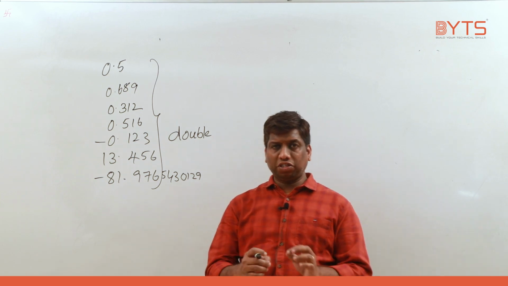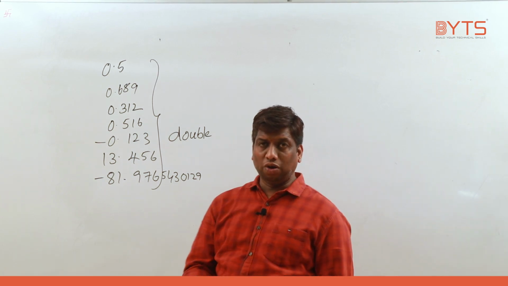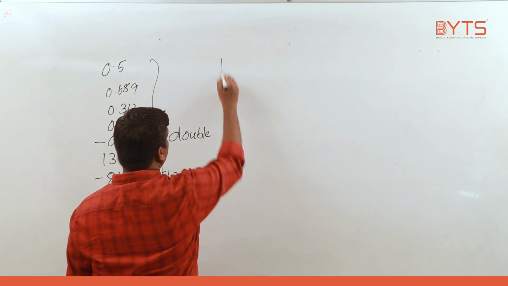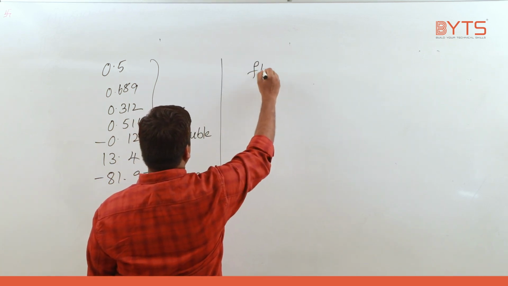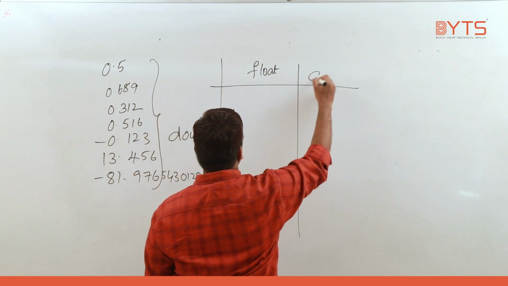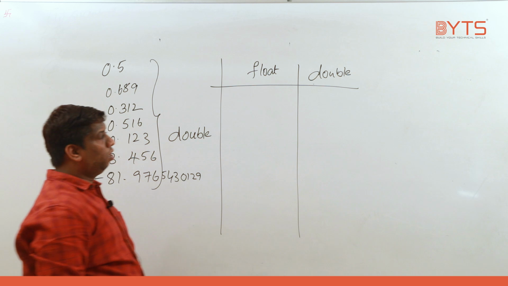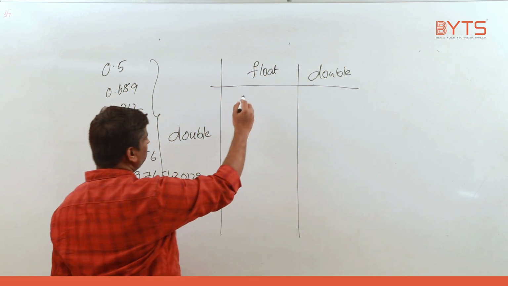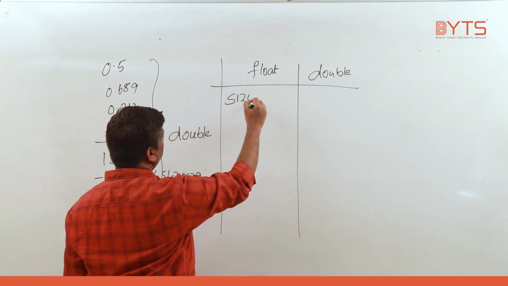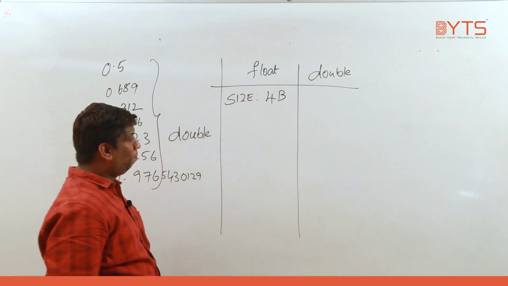Okay. Well, first you need to understand the difference between float and double. Let me explain that so that you will understand it. First, float versus double. The size of the float is 4 bytes.